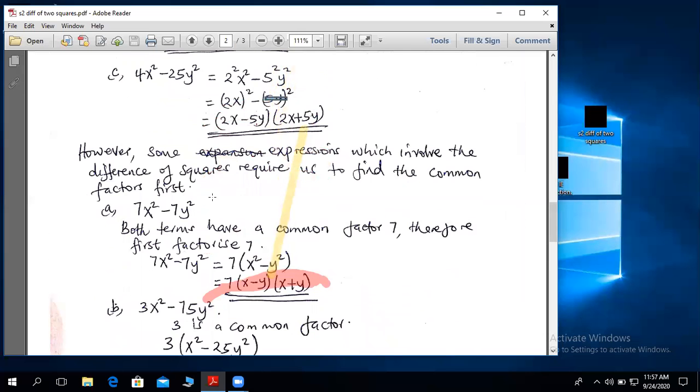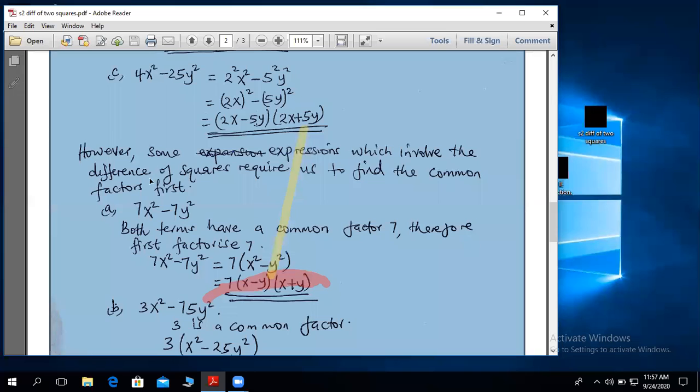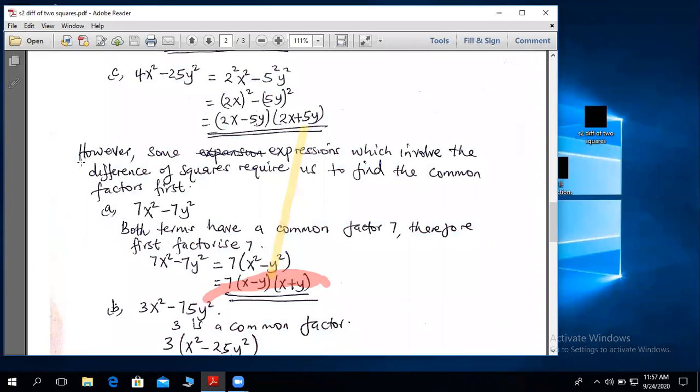Now let us look at this. However, some expressions which involve the difference of 2 squares require us to find the common factor. For example, this is 7x squared minus 7y squared.